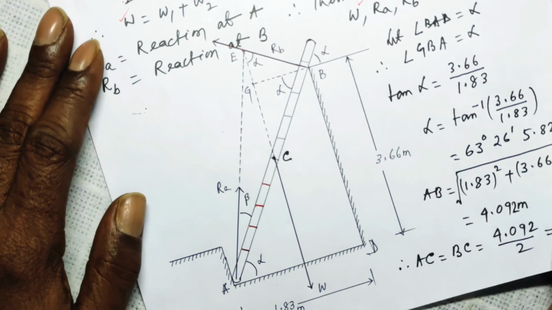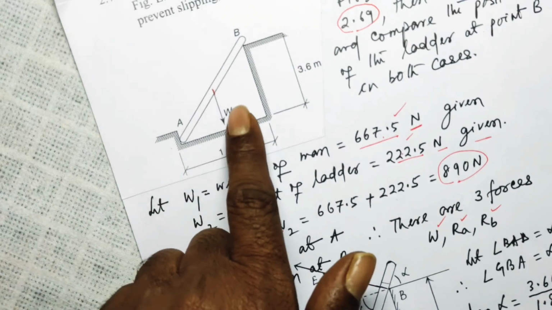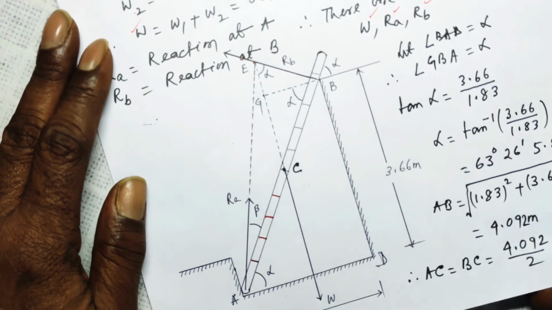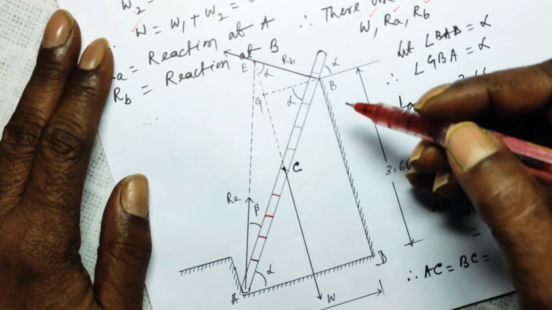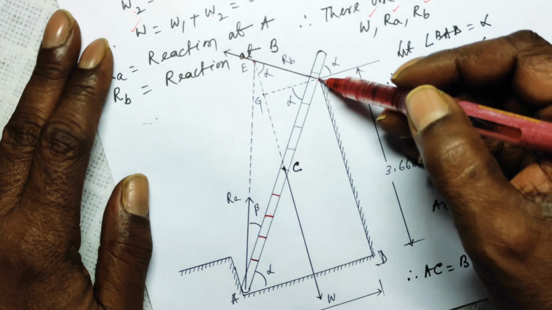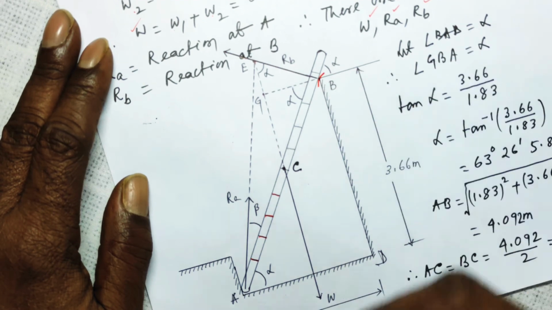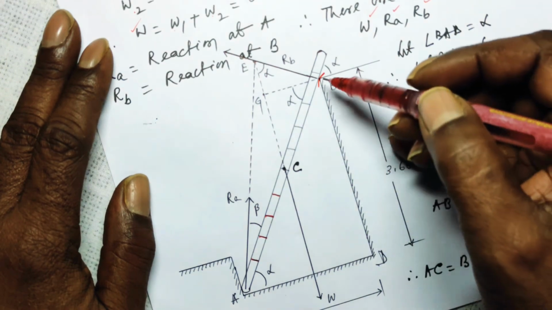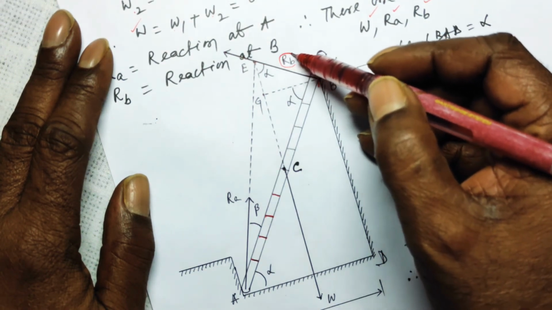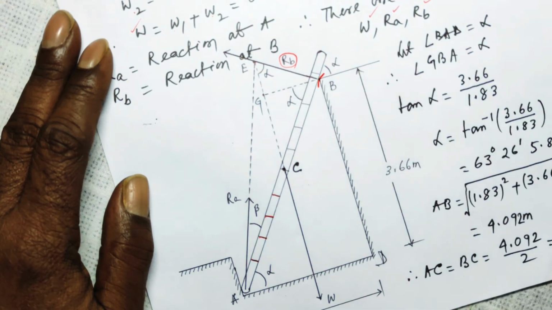Now if you look at the diagram, no angles were given in the original diagram, so I have taken a few angles like alpha, beta. At this point, the ladder is leaning against the wall at the edge, means here if you slightly draw a surface like this, then this line of action RB will be normal to this surface.